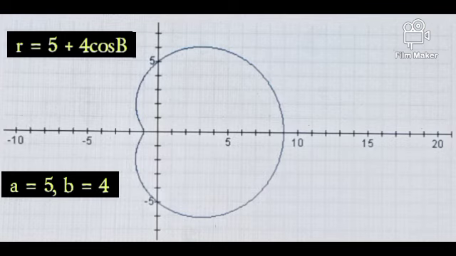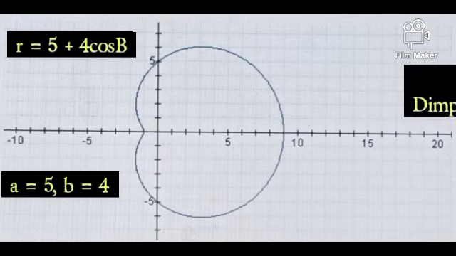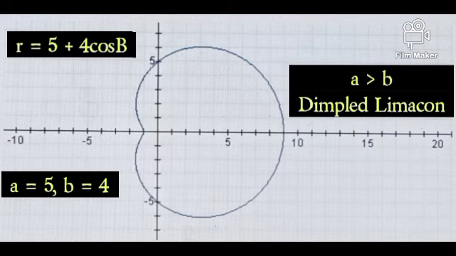And you can see that the value of a, 5, is greater than the value of b, 4. In general, if in the polar equation the value of a is greater than the value of b, the limacon is called a dimpled limacon. The limacon has no loop, but the limacon is said to have a dimple.